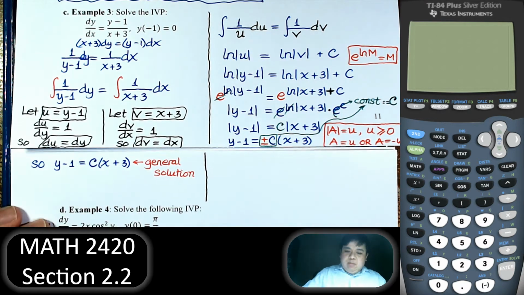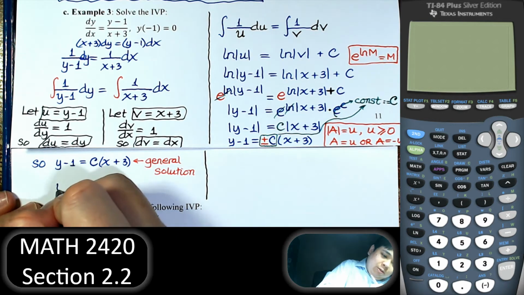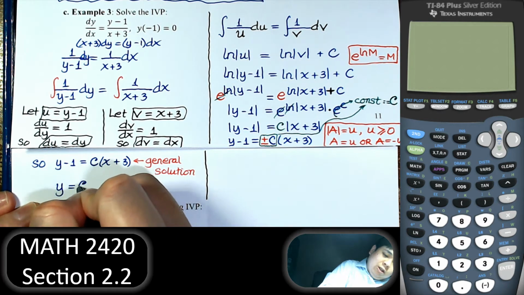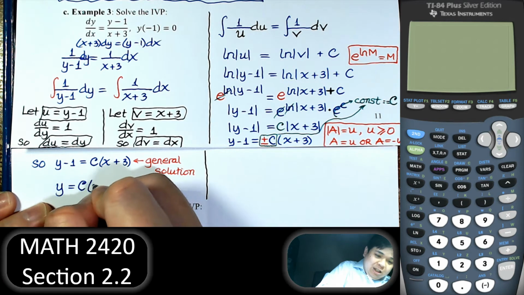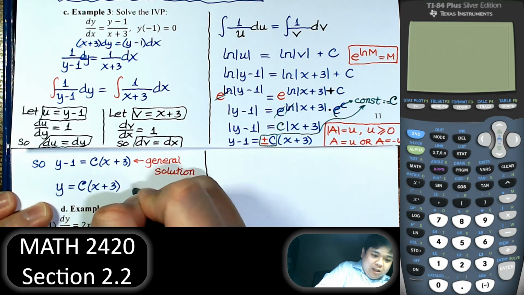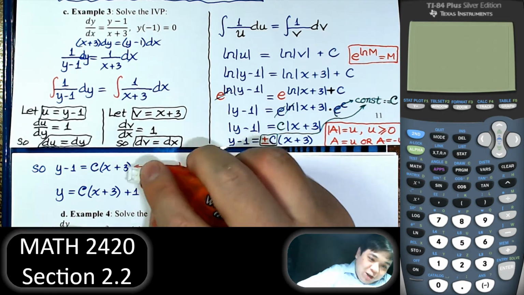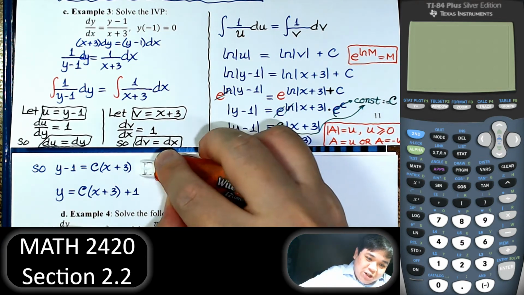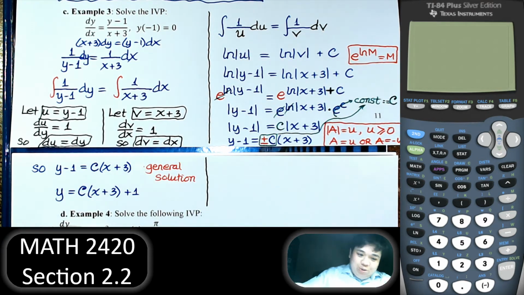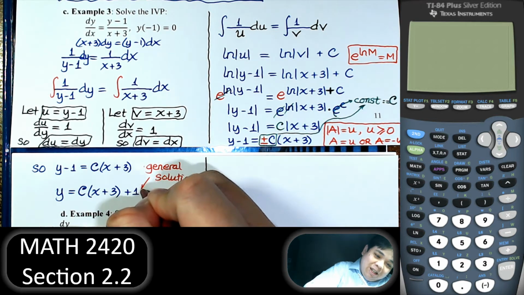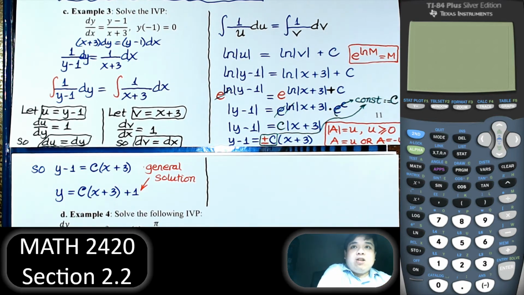Actually, it is better to just move the 1 over. So y equal to c times x plus 3, plus 1. Yes, that one should be the general solution. It is much better. We have y equal to, and this is the general solution. There's a constant c there, which is fine.